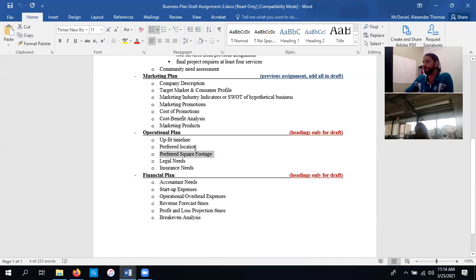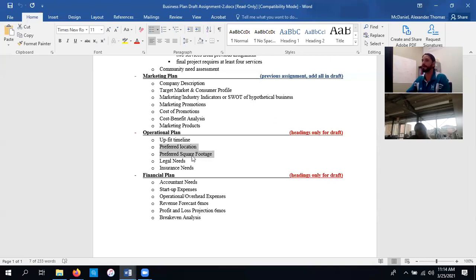Now know that your preferred square footage and your preferred location are going to affect your expenses, because your rent is based on, number one, location and square footage. If you're in the Mayfair area, your rent is usually $1.50 to $2 a square foot.